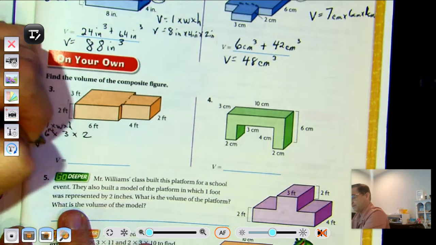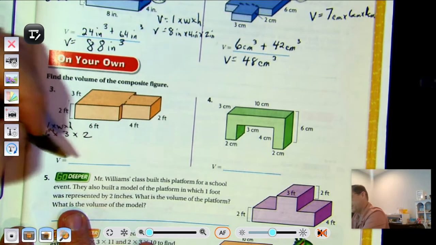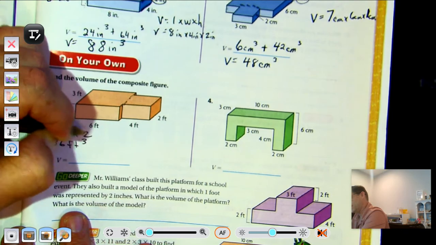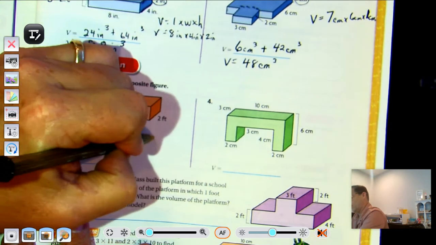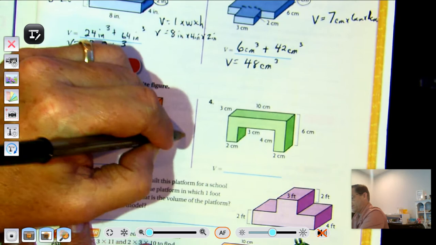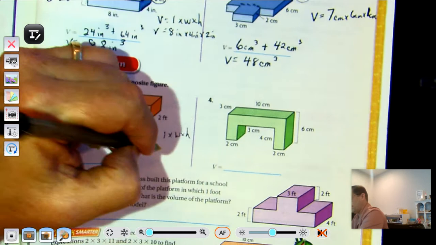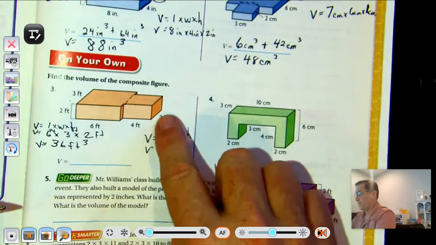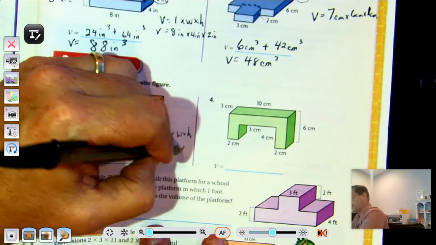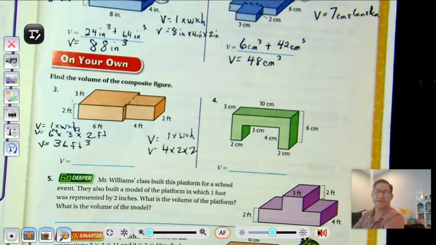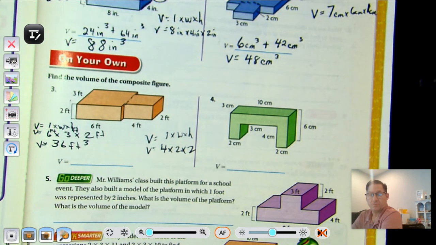So that volume is 3 times 2 is 6. 6 times 6 is 36 feet cubed. All right, how about the other one? Length times width times height. The length of this one is 4. The width is 2. And the height is the same as the other rectangular prism, so 2.